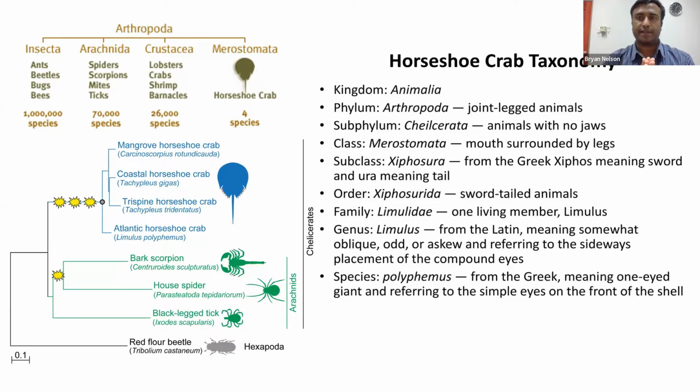Under this, it is in its own class known as Merostomata, and from this group we have a branch of scorpions, spiders, ticks, and that's where the horseshoe crab is situated. So why did they put the horseshoe crab there?